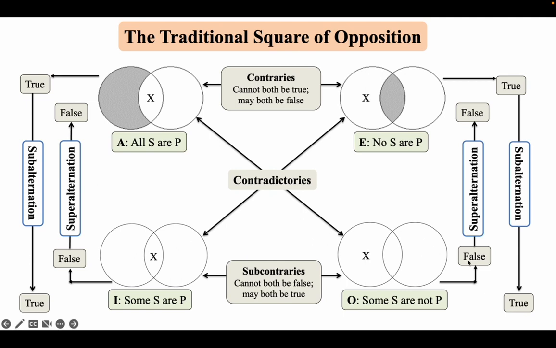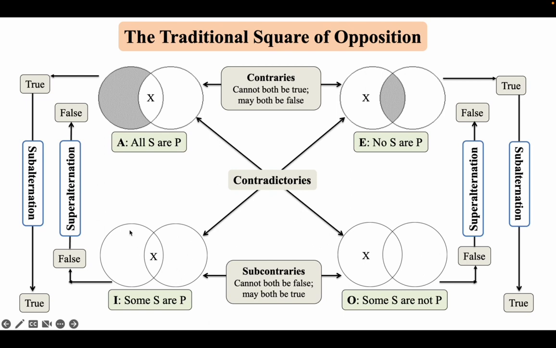At the bottom, their respective particular statements, I and O, they stand in a different relation. They are subcontraries. Subcontraries cannot both be false, but they may both be true. For example, let's say some bananas are green, this we know that it is false.